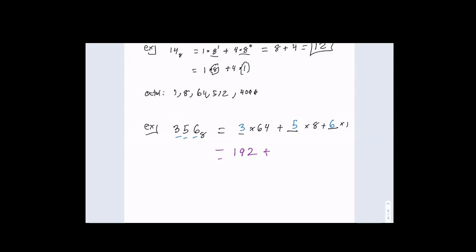And thank you, Christine, for getting that right when I was throwing it out there. 40 plus 6 times 1, 6. Perfect, Christine. And when I add these together, I get 238. So 356 in octal is 238 in its decimal number form.